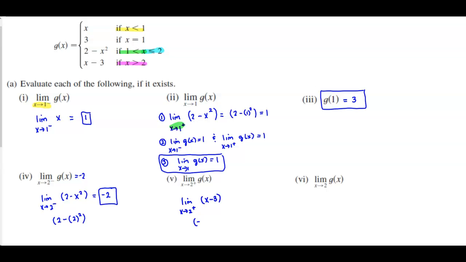When we evaluate that, we get 2 minus 3, which is equal to -1. So we know that this is going to equal -1.